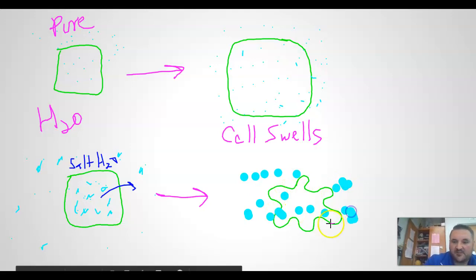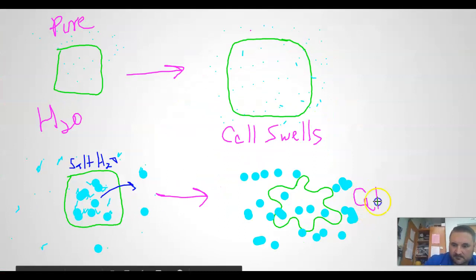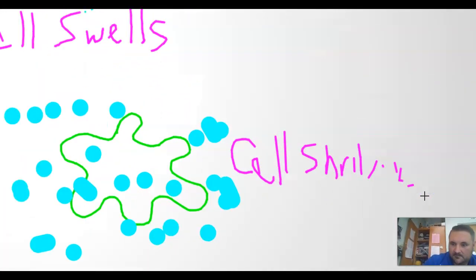I made the drops bigger so it's harder to see. So that last slide should have said cell shrinks.